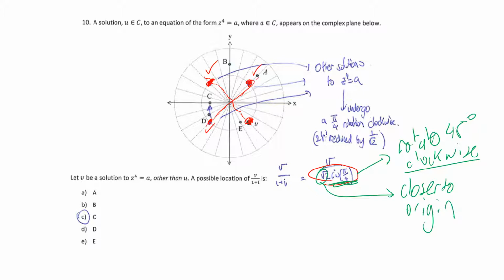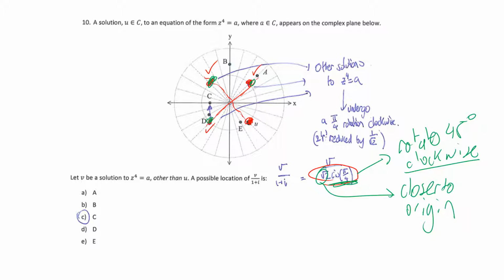So root 2, which is 1.4, we're dividing by 1.4, multiplying by about 0.7. So this V divided by 1 plus i must be one of these 3 options here, which I'll highlight, one of those 3 options that has been moved 45 degrees, so moved onto one of the axes and then brought closer to the origin.